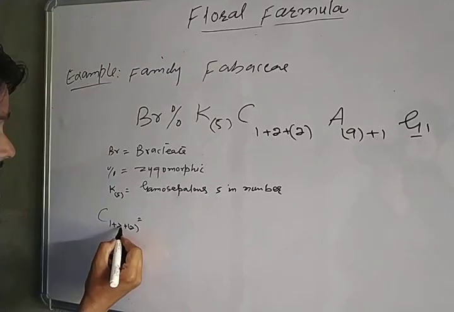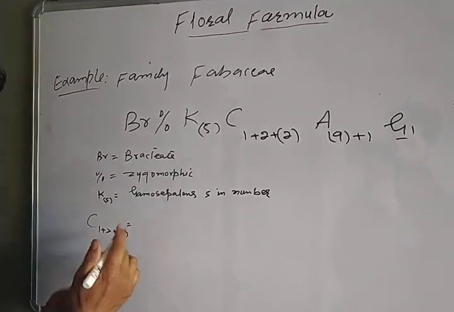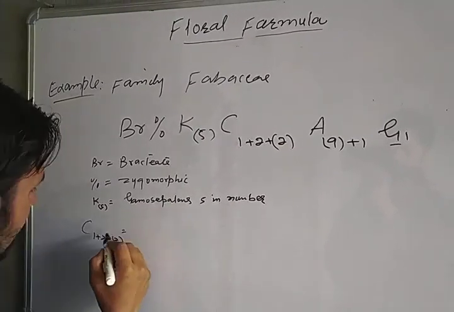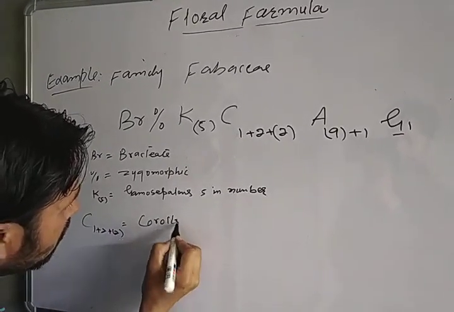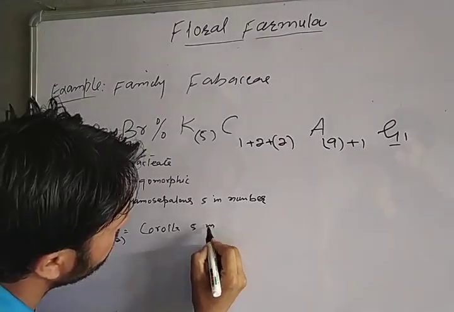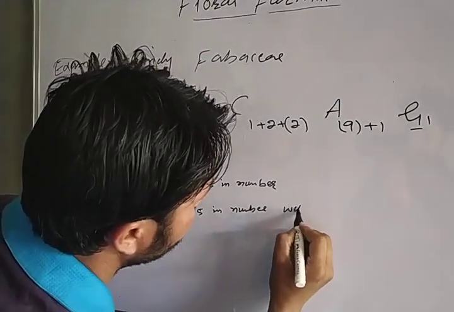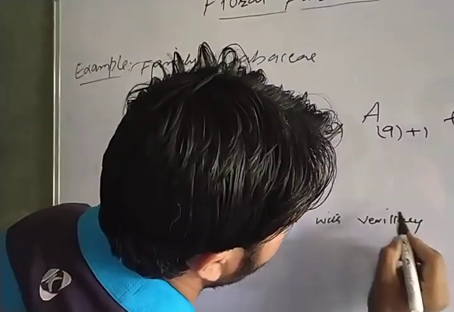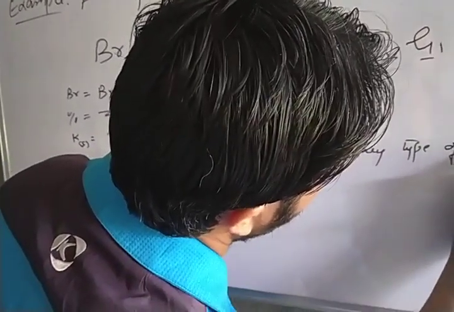These two petals are free, this one also remains free, but these two petals are fused. That's why this condition appears here. That means we can write here corolla 5 in number, with vexillary type of aestivation.